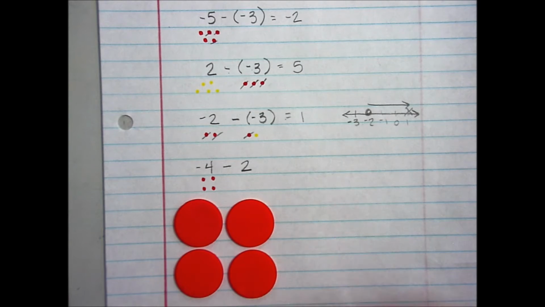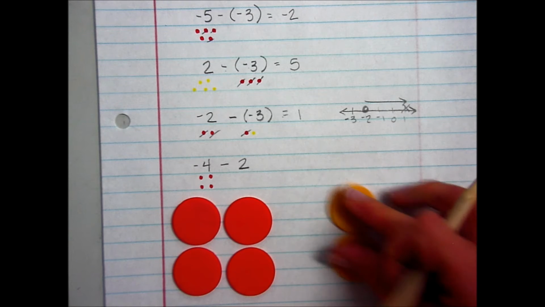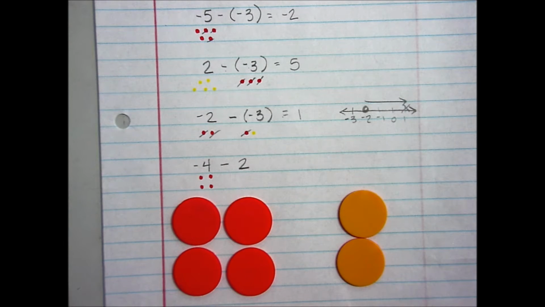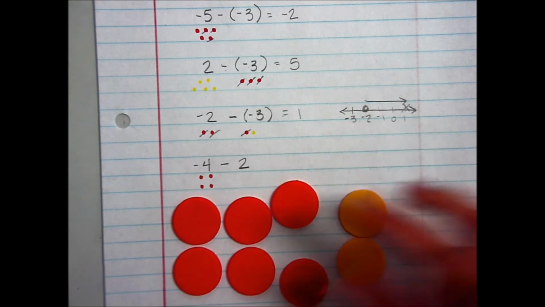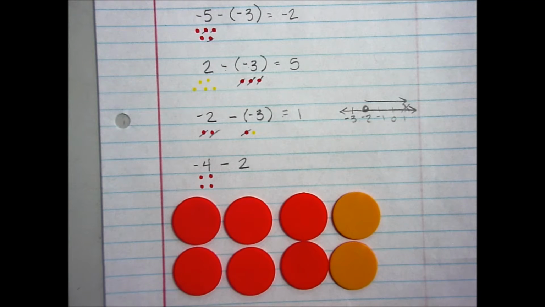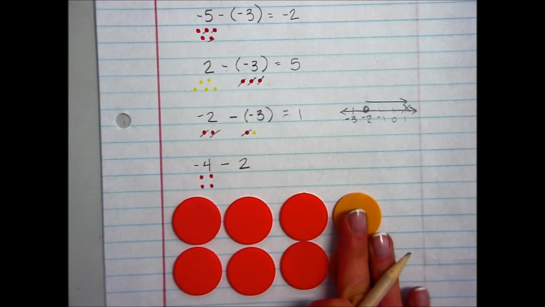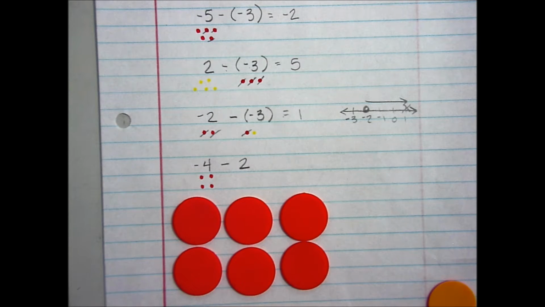Okay, I'm going to have to add the 2 positives, and to keep it balanced, I add 2 negatives. I know it's hard to see for you guys because my screen's yellow. Alright, so now I can take away 2 positives. And what am I left with? 1, 2, 3, 4, 5, 6 red.